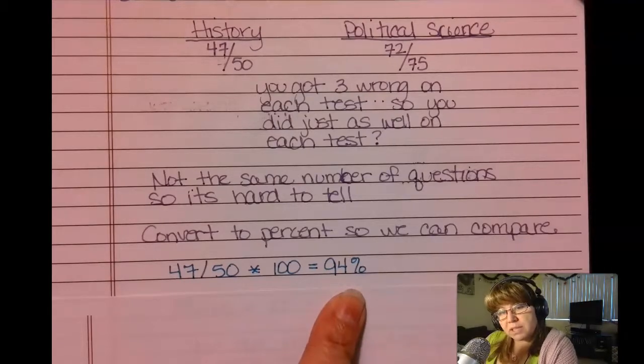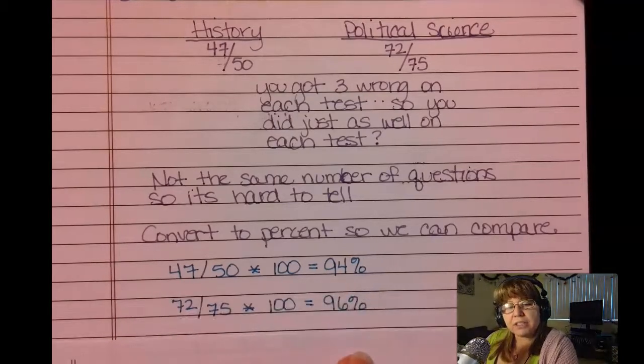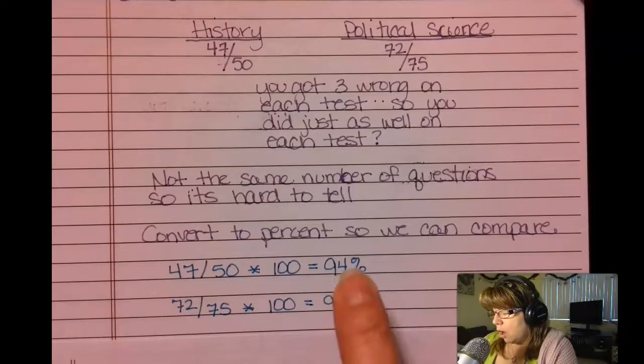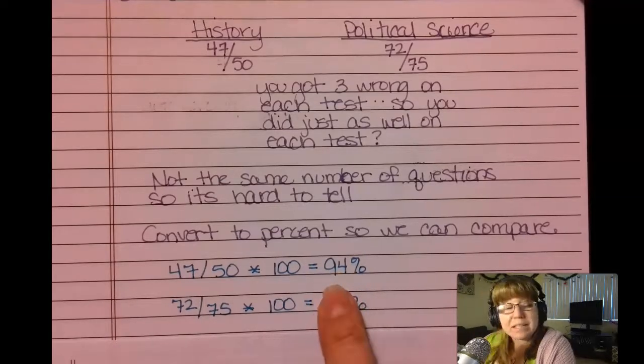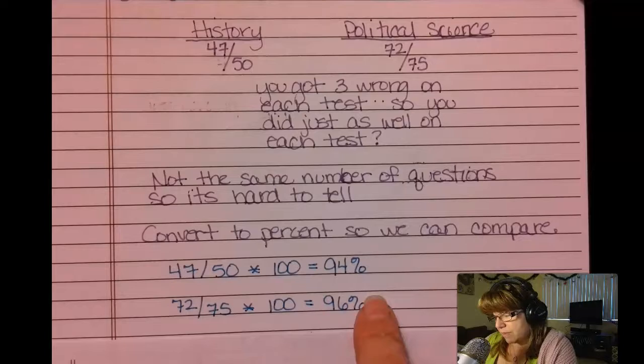Do the same for your political science test: 72 divided by 75 times 100 is 96. Because they're both in percents, we can compare those. You did actually better on your political science test than on your history test, but technically you did well on both of them.